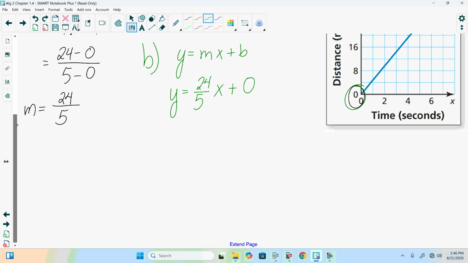Do we actually need the plus 0? No, it doesn't add anything. So really, the equation is just y equals 24 fifths x. Questions on this here? Questions on interpreting the slope or finding the equation? Did we answer all of the questions?